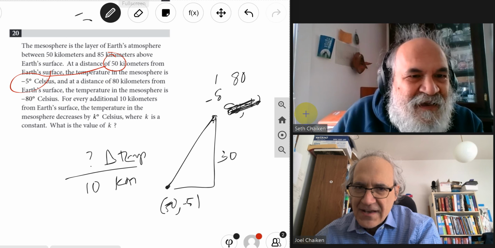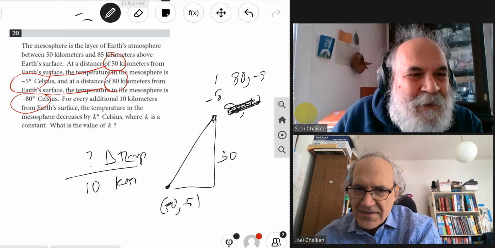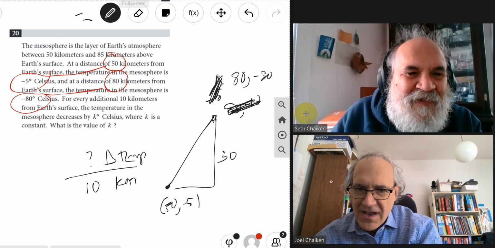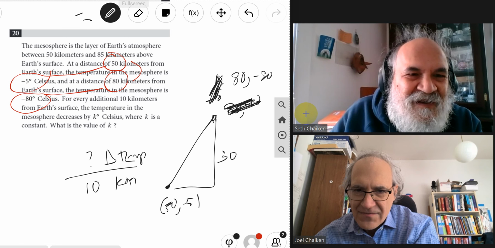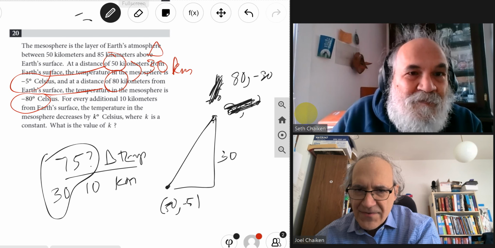At 80, the temperature is -80. They trick you up with -80, right? So the change in altitude is 30, and the change in temperature is -75. So the change here is 30 over -75.